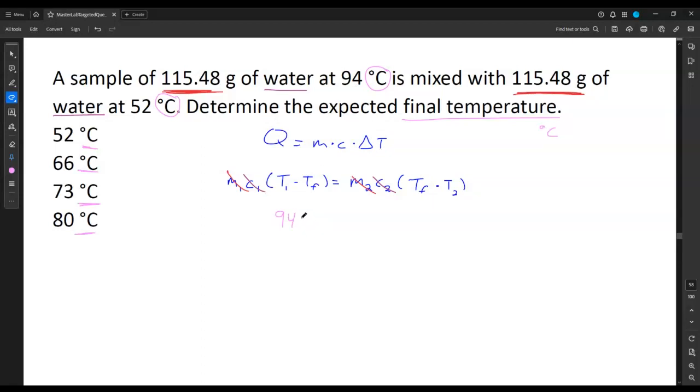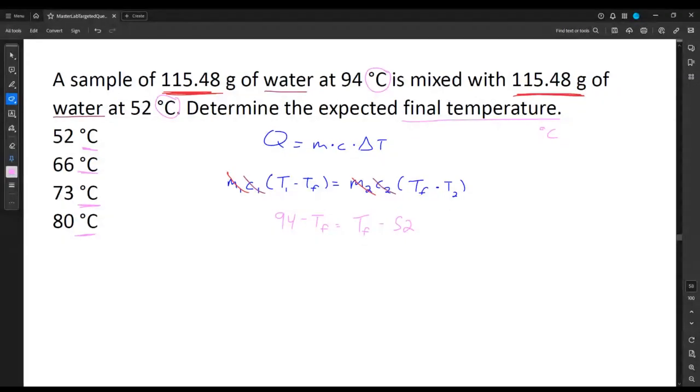So my first temperature is 94 minus the final temperature that I don't know what it's going to get to. So, for right now, just 94 minus T. Then over here, it's that same final temperature that I still don't know, minus the original temperature for this sample, which was 52. Okay, and then now I want to start solving on this.